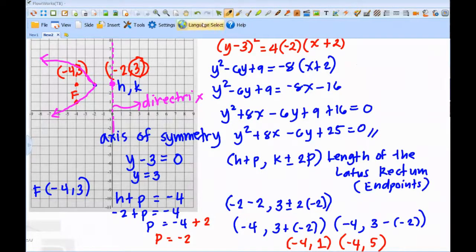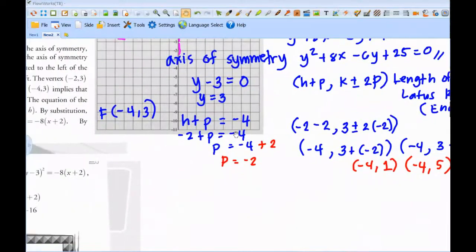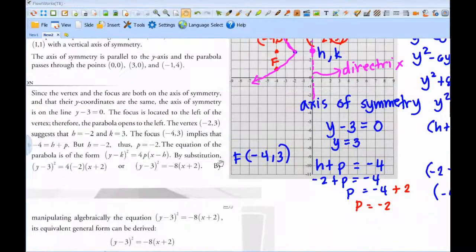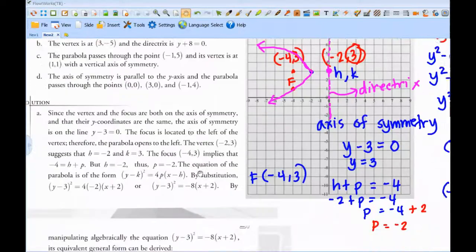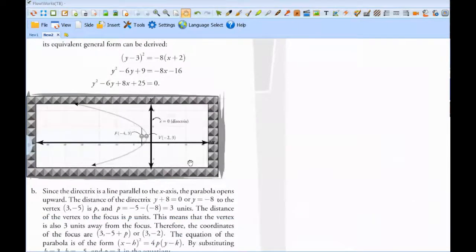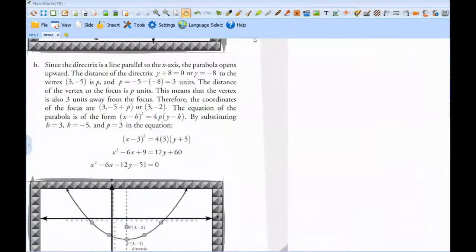Now let's go to the next one. The next example: the vertex is at 3, -5, and the directrix is at y plus 8. Vertex 3, -5 here. The vertex. So vertex 3, -5.